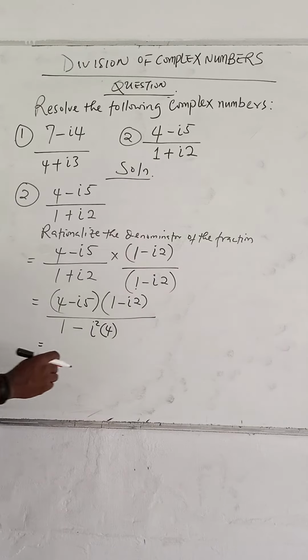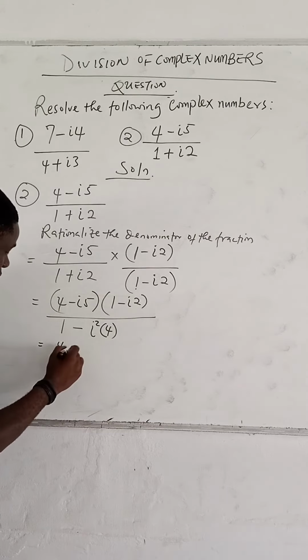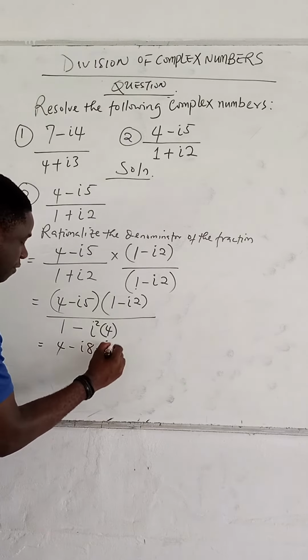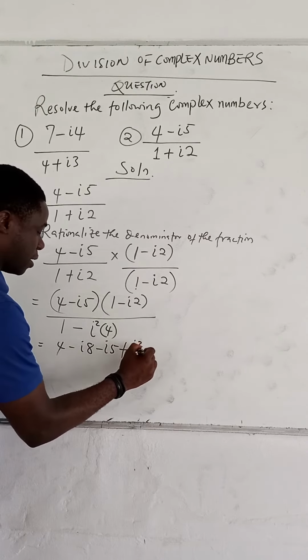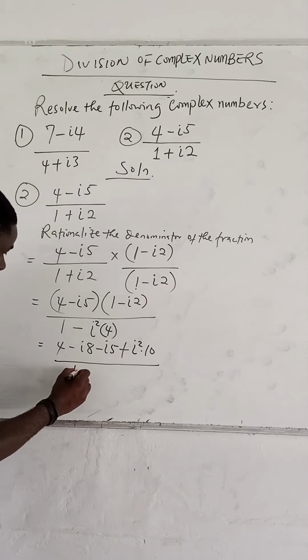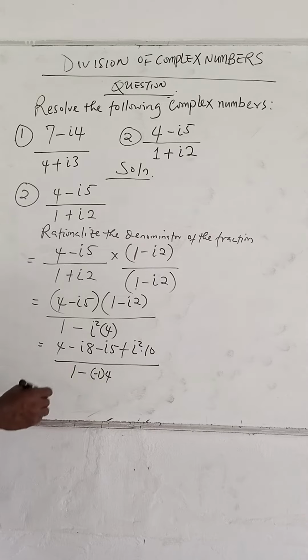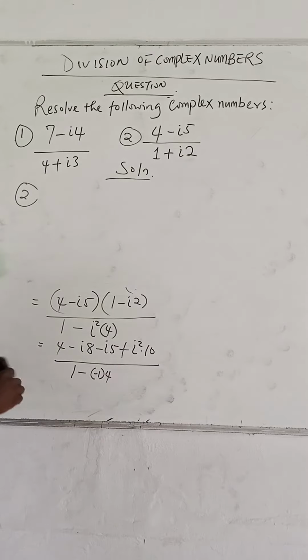At the end of the day, we resolve this. 4 times 1 is 4, 4 times minus I2 is minus I8, minus I5 times 1 is minus I5, and minus I5 times minus I2 is plus I squared 10, all over 1 minus I squared 4.